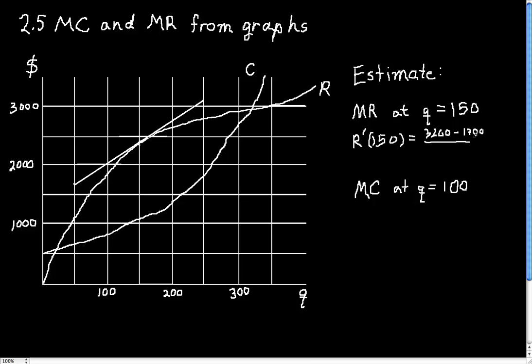And in the denominator, we want the change in x, and it looks like we went from, on the right, 250, and on the left, 50. So I have 250 minus 50. And after I simplify this, this is actually equal to 7.5 on the nose.